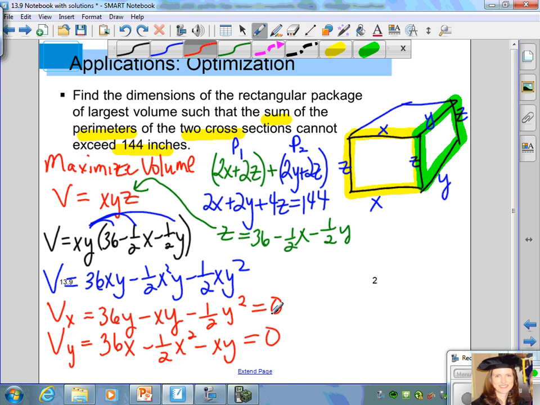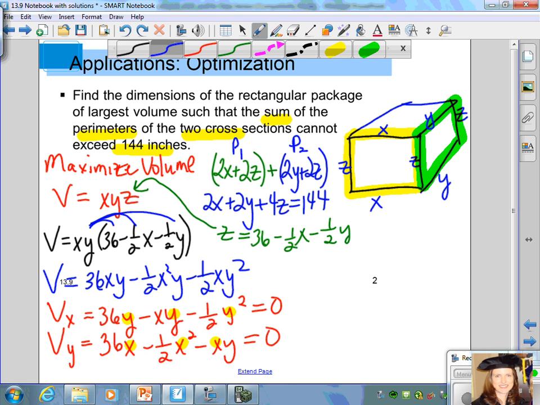Here we have a system of equations, two equations, two unknowns. We cannot use a matrix here yet because it's not a system of linear equations. We can do some factoring here. Since these have a common factor of y and these have a common factor of x, you can factor out the y in the first and the x in the second to simplify.